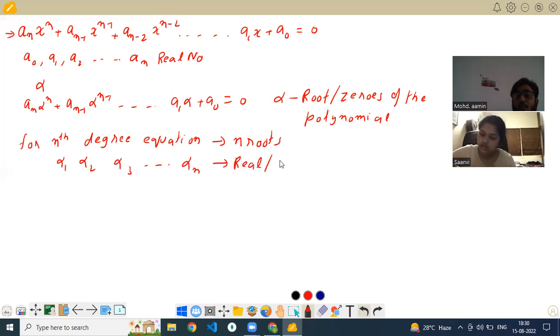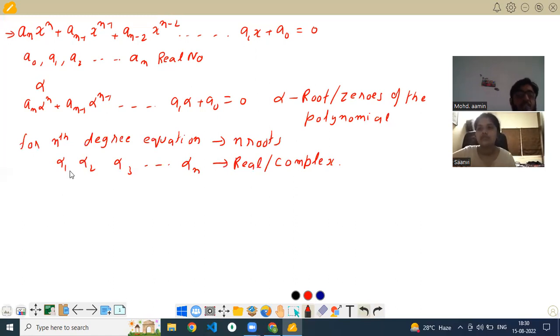Right now, we are not studying complex roots, but they are part of our syllabus. But remember, a0, a1, a2, a3, an, these constants are real numbers, they cannot be complex numbers.